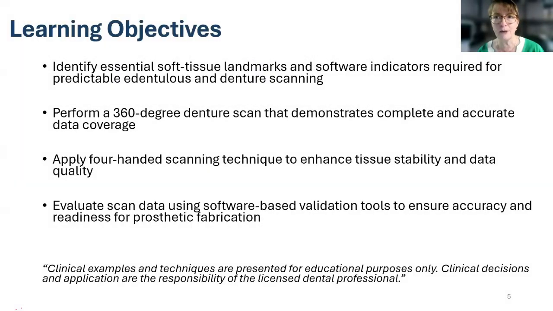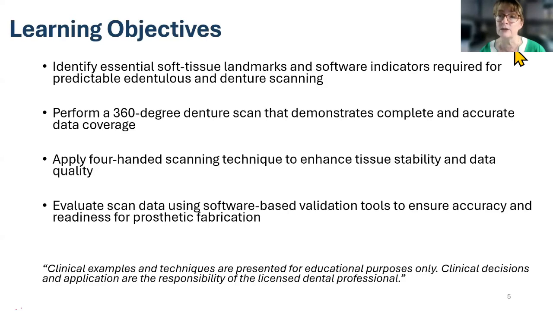I know it's probably been a while since you signed up for the course, so I always like to review our learning objectives, and what our goal is to provide to you this evening. We're going to review how best to identify essential soft tissue landmarks and software indicators required for predictable edentulous denture scanning.